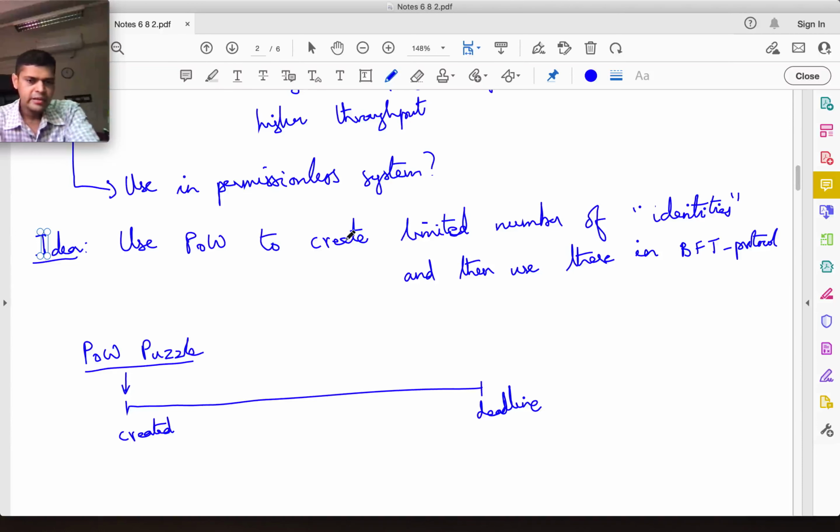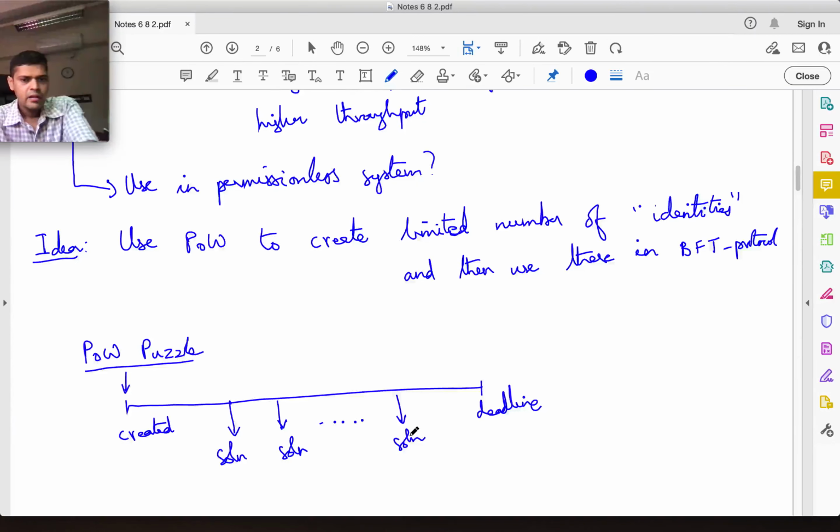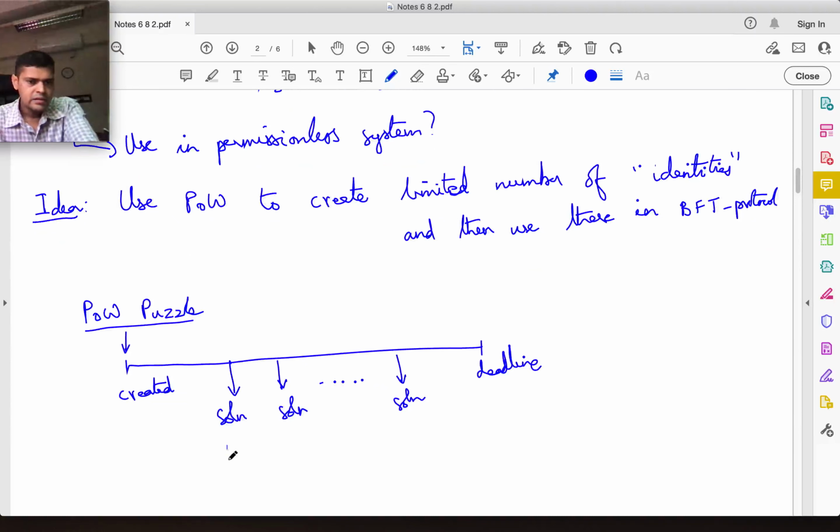So various miners can try to solve it, and let's say somebody gives a solution here, a solution here. And let's say they give various public keys which they mention in the solutions.